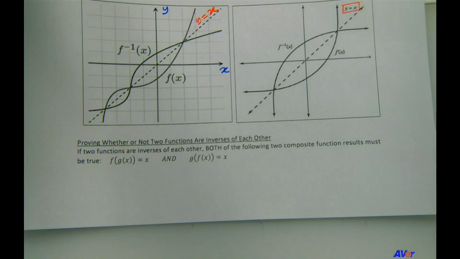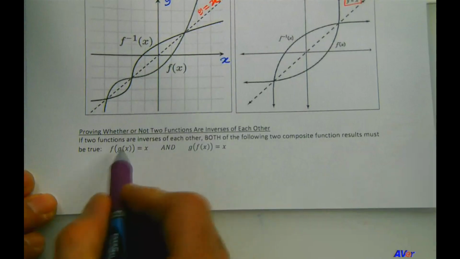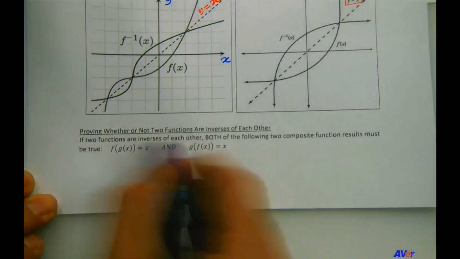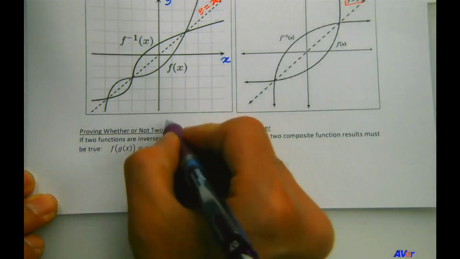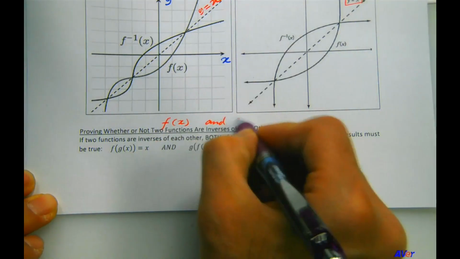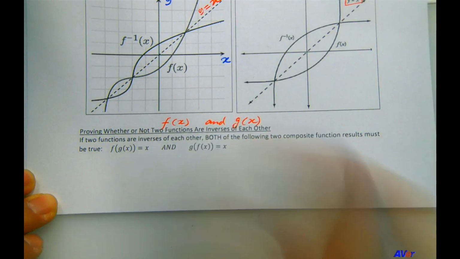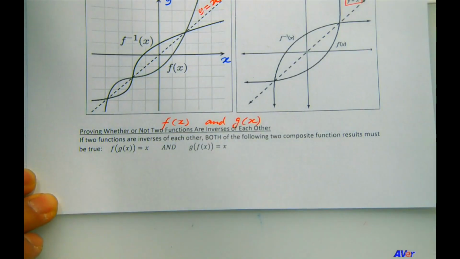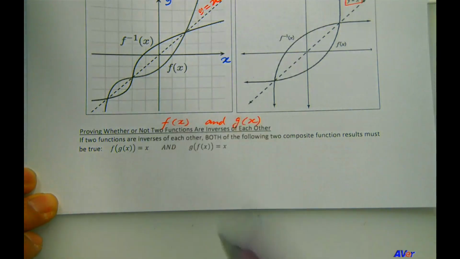So what does that mean? That means suppose we have two functions f of x and g of x, right? Suppose we have these two functions, and somebody claims that they are inverses of each other. How do we show or prove that this is the case or it's not the case?